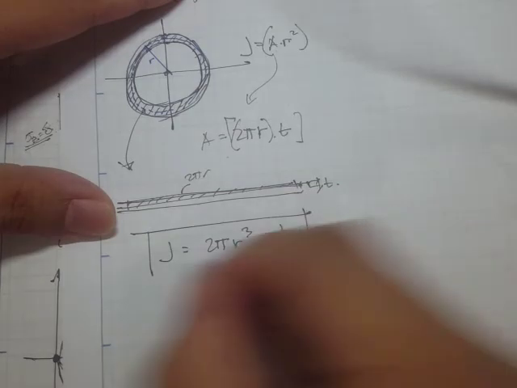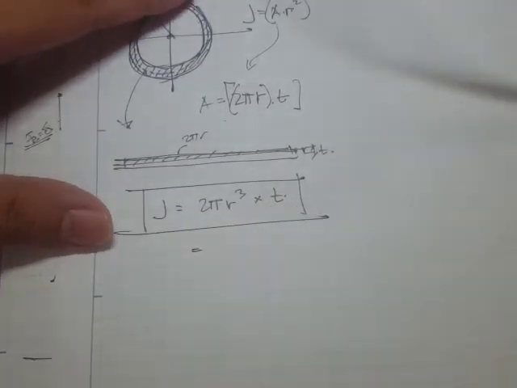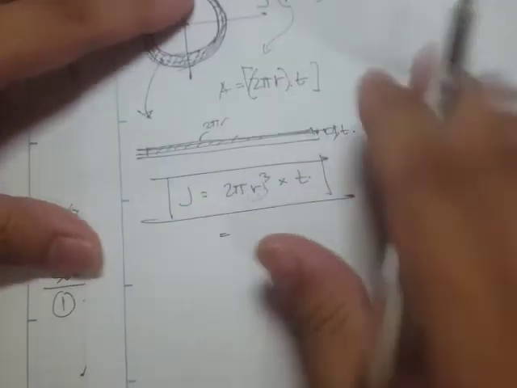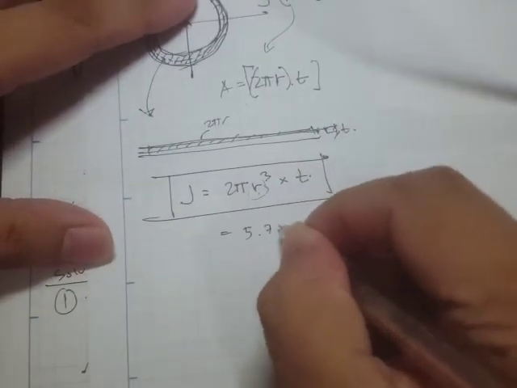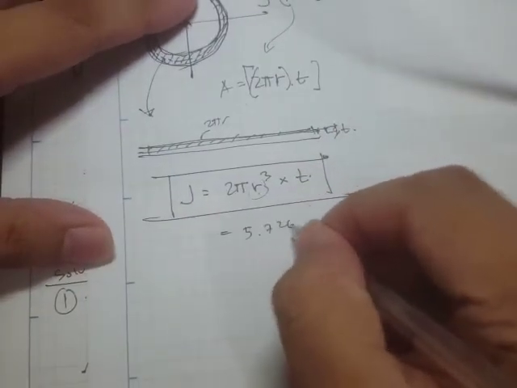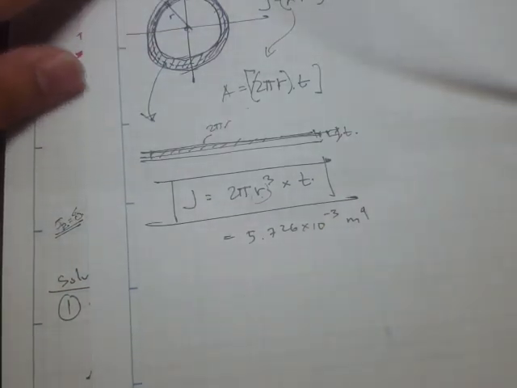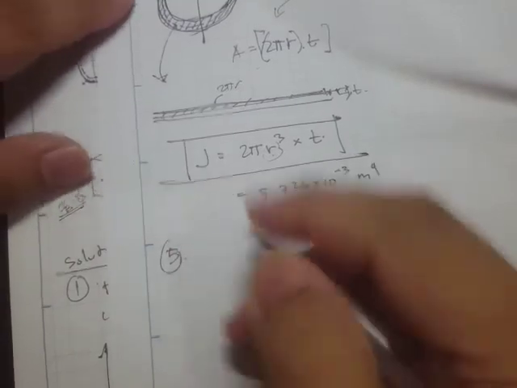So that's going to be our working equation. And if you substitute all the values, of course the radius is referring to the mean radius, J is 5.726 times 10 to the negative 3 meter to the fourth.